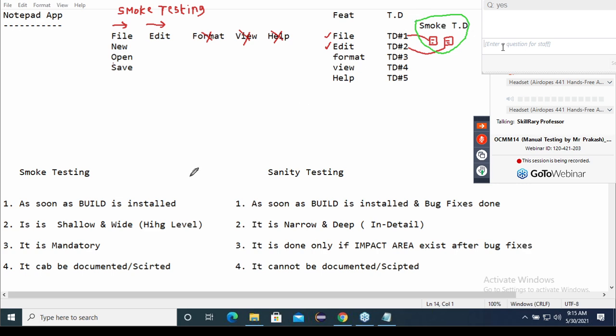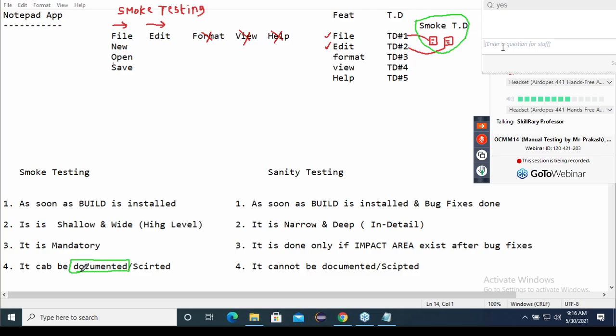So can I say smoke testing can be documented? Is it the right word or the wrong word, guys? Smoke testing can be documented. And is smoke testing documented before testing or after testing? That is very, very important for me. Before testing, after testing? Correct.